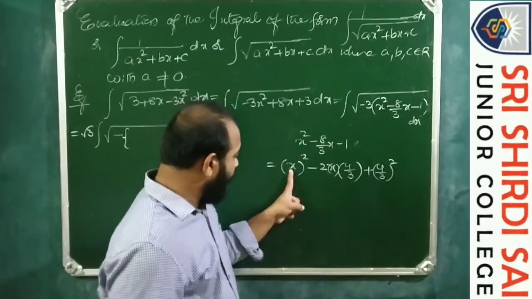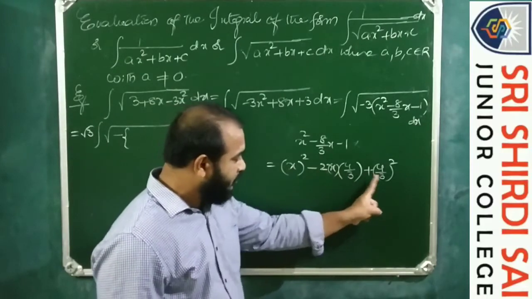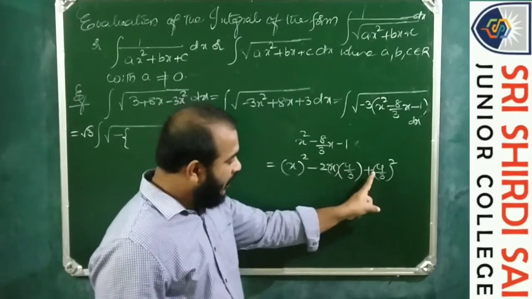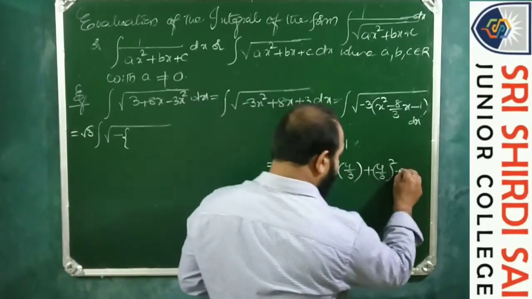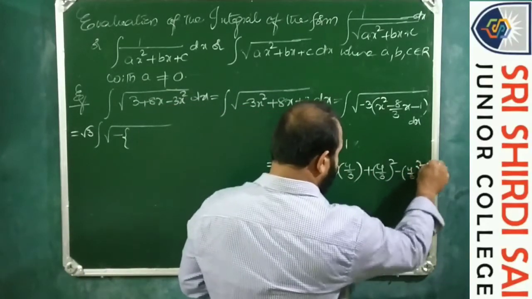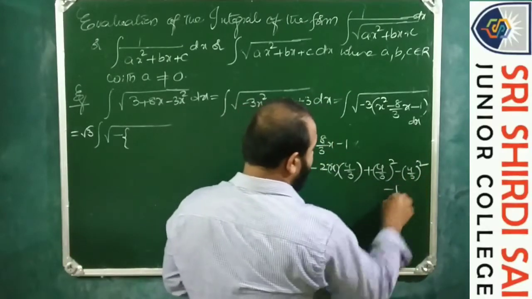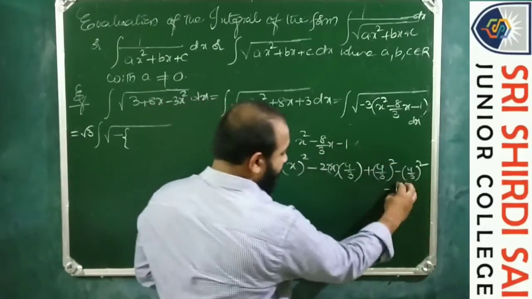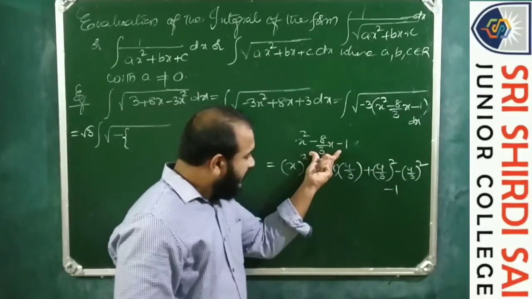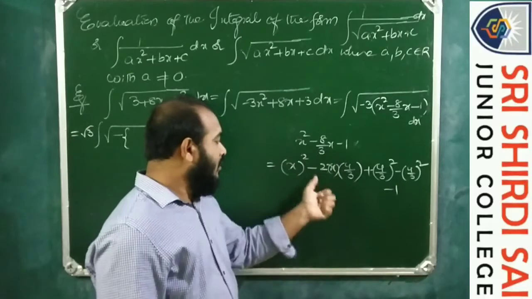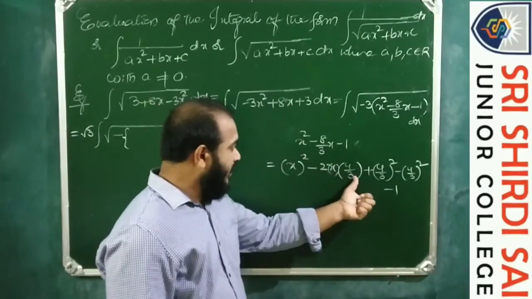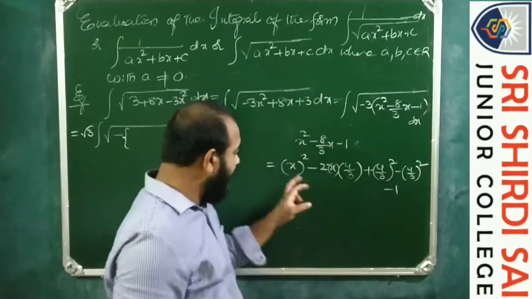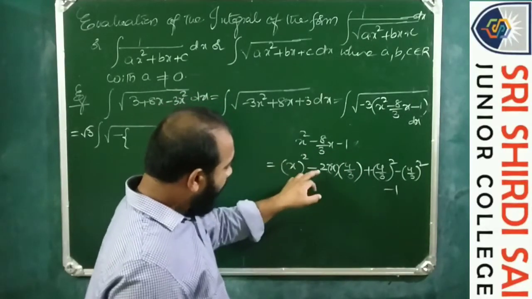Now it is a square minus 2ab plus b square. Here the plus 4 by 3 whole square is not there, therefore I have added it, and I will automatically subtract it as well: 4 by 3 whole square. This minus 1 is the same. X square is this and minus 1 is this. So this minus 8 by 3x I have written as minus 2 into x into 4 by 3, which is 2 fours are 8 by 3x as a whole.